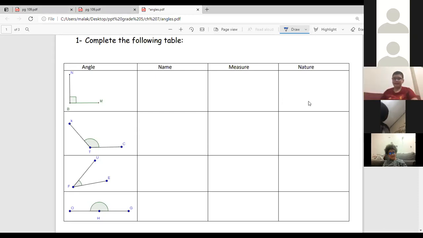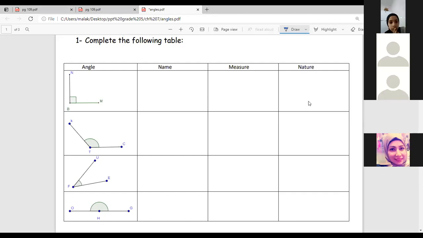Stay silent please to hear your friend. Okay, the vertex always has to be in the middle and we have to put a hat over it. Or we can start with M, no problem, both ways are correct. We can say MBN or NBM, but the vertex has to be between N and M. We can't start with B.